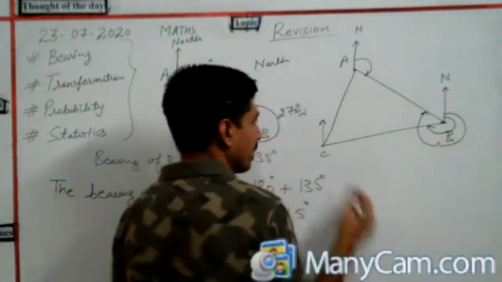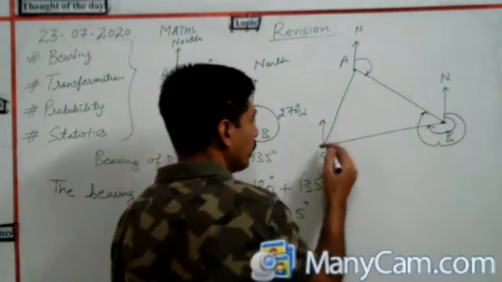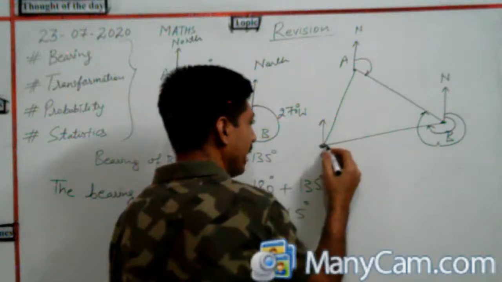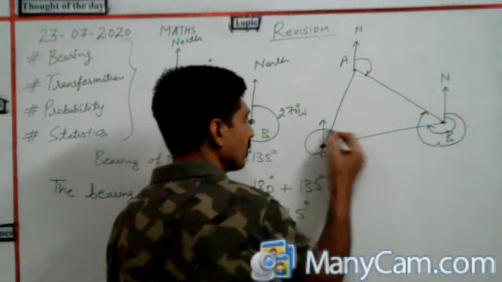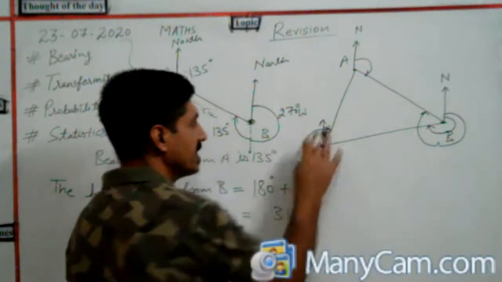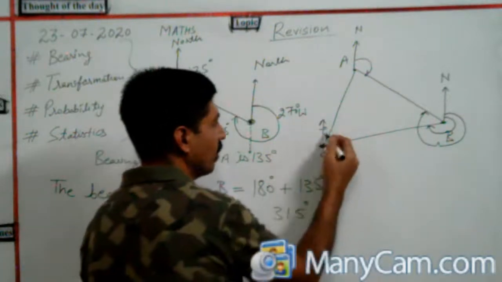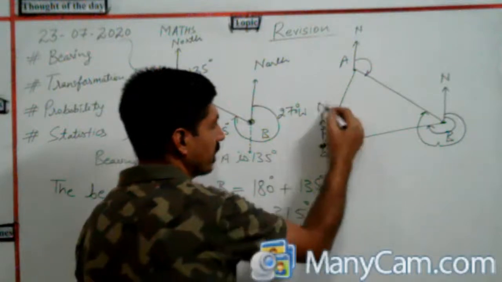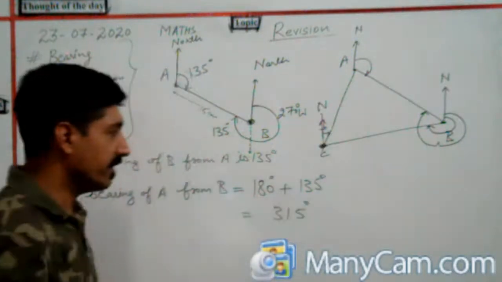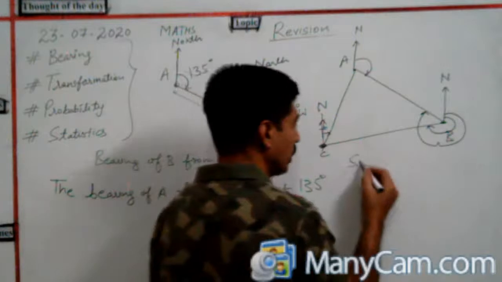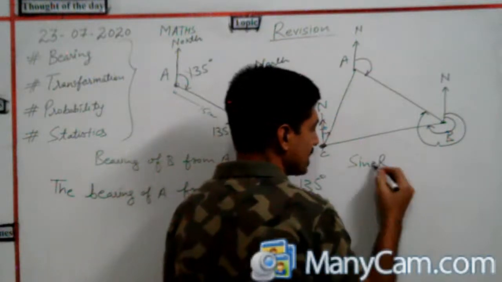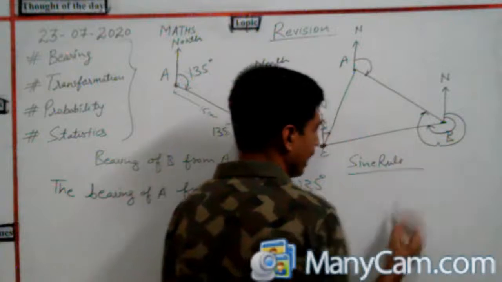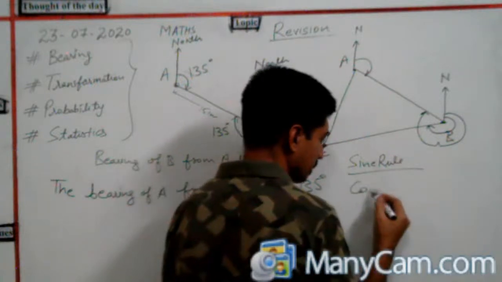From C, if we want to go to A, that is from here, this is already the north here. And we will go for the sine rule and cosine rule.